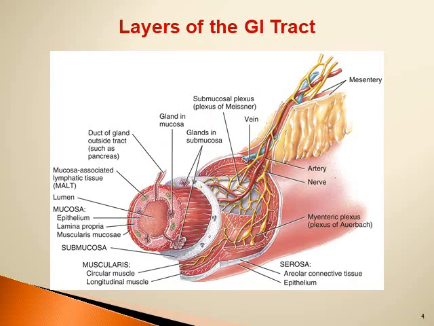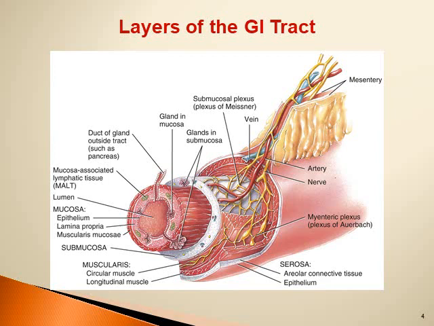Now if we take any part of the alimentary canal or the digestive tract, and we check the composition of the wall of that digestive tube, basically the wall of any part of the alimentary canal is composed of four main layers.